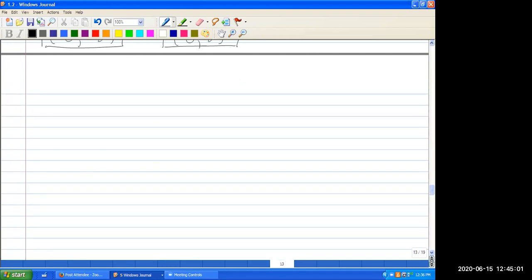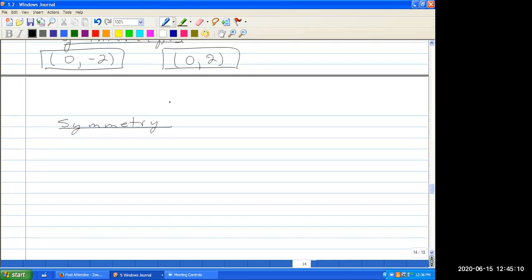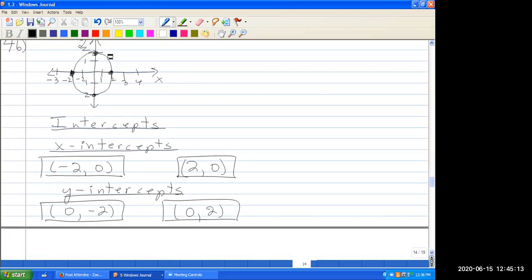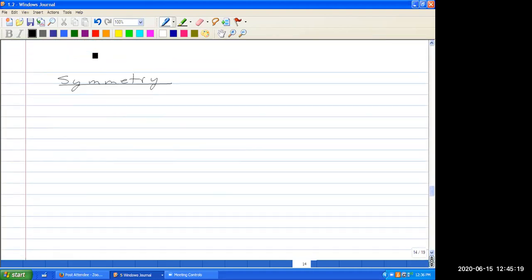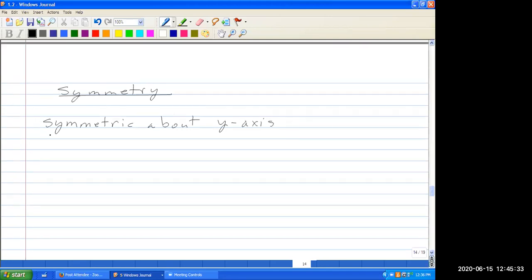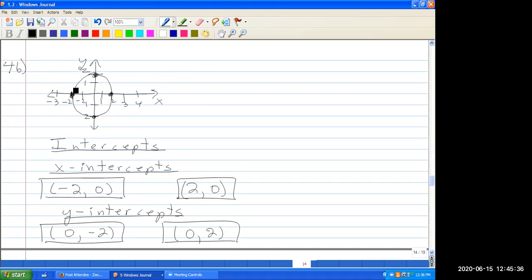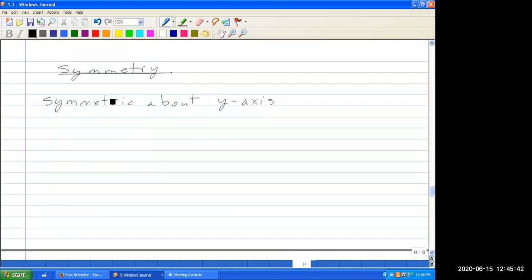Next, let's look for symmetries. Here, it seems to be symmetric about everything. So this side looks the same as this side, and so this is symmetric about the y-axis. It looks the same here as it does here, so this is symmetric about the x-axis.